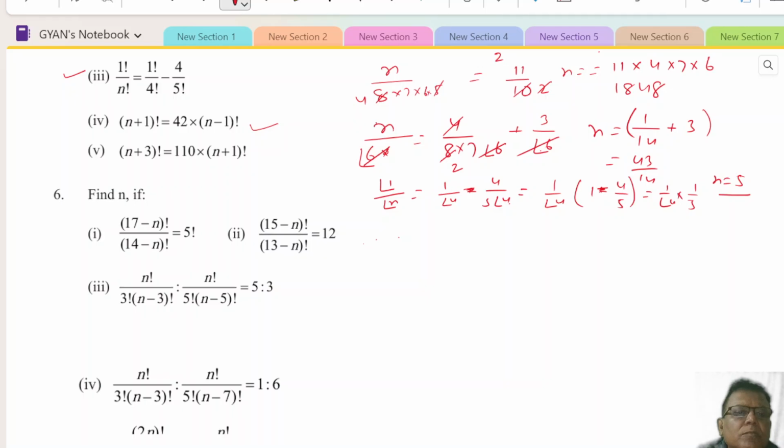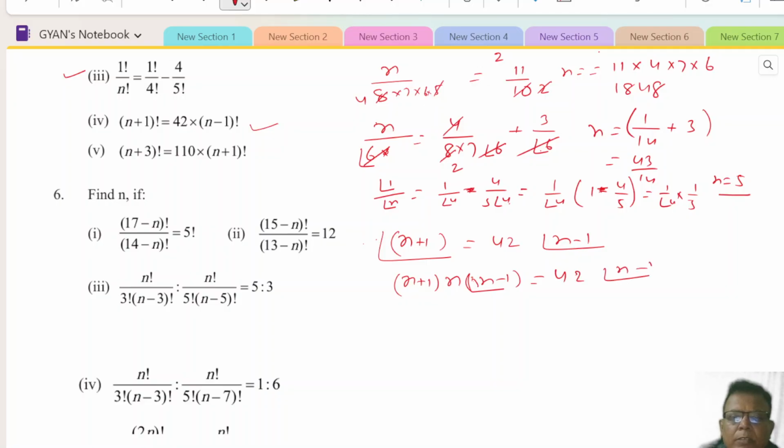So n plus 1 factorial is equal to 42 into factorial n minus 1. So this can be written n plus 1 into n into factorial n minus 1 is equal to 42 into factorial n minus 1.